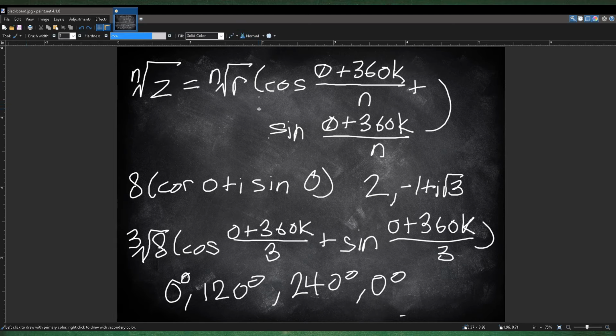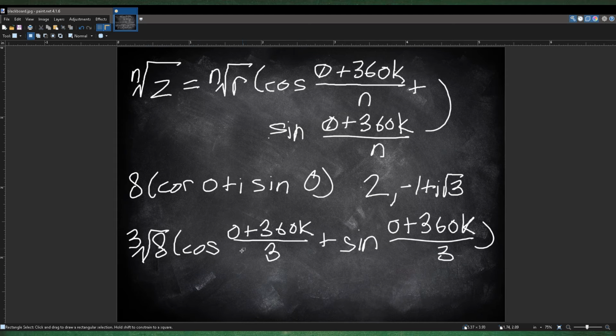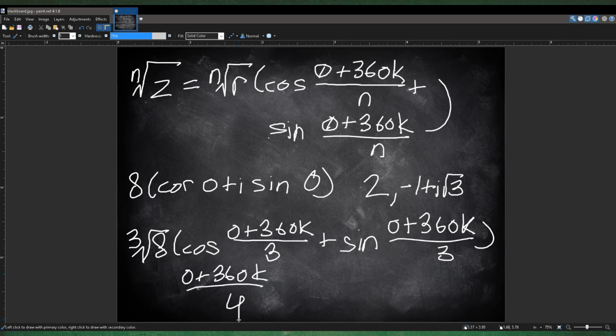Let's show another example. I'm not going to do all that math again, but I'll show you another way. Let's say we have something like the fourth root of 8. So you have 0 plus 360k divided by 4, and you have to find all 4 angles. First, you write 0, because 0 divided by 4 is 0, and 360 divided by 4 is 90, so it's 90k.